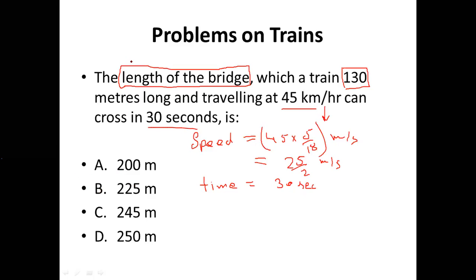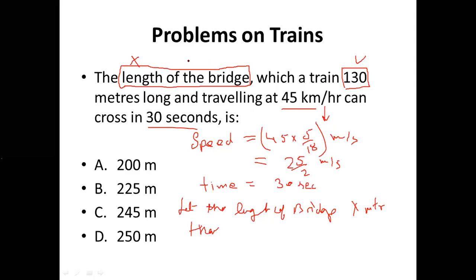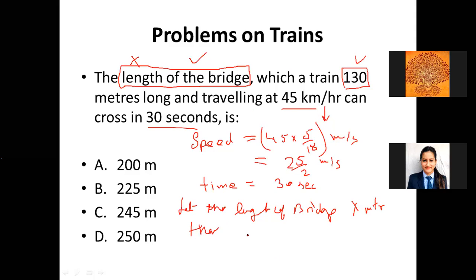Now let the length of the bridge be x. We always consider this thing that we don't know, we'll consider it as x. So let the length of the bridge be x meter, right? Then what we have, which is given, we all know, that is 130, that is the train, plus x, that is the total length.